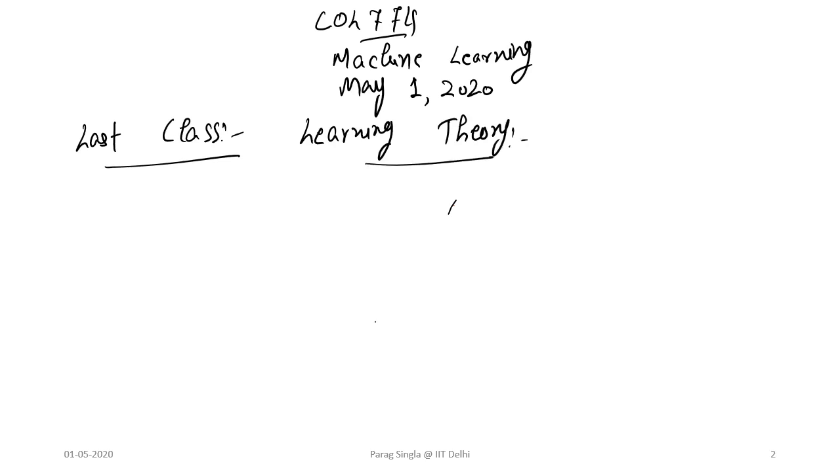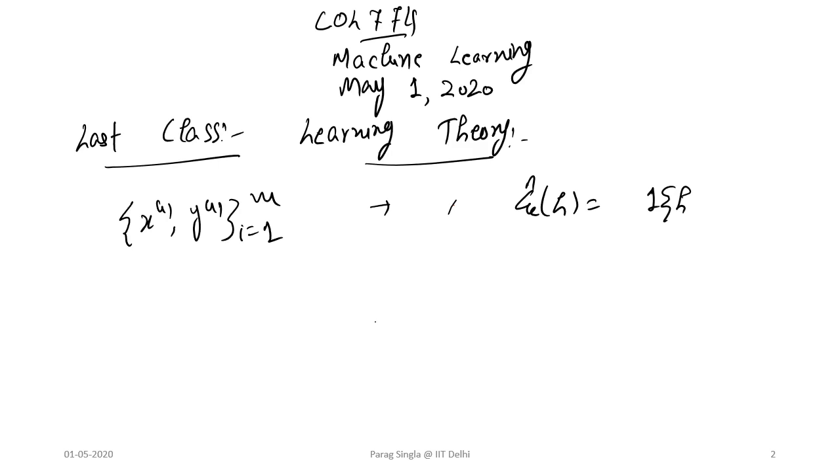Just to remind you quickly, we are looking at a setting where we're given a bunch of examples, and we can learn a hypothesis by optimizing what we refer to as training error.